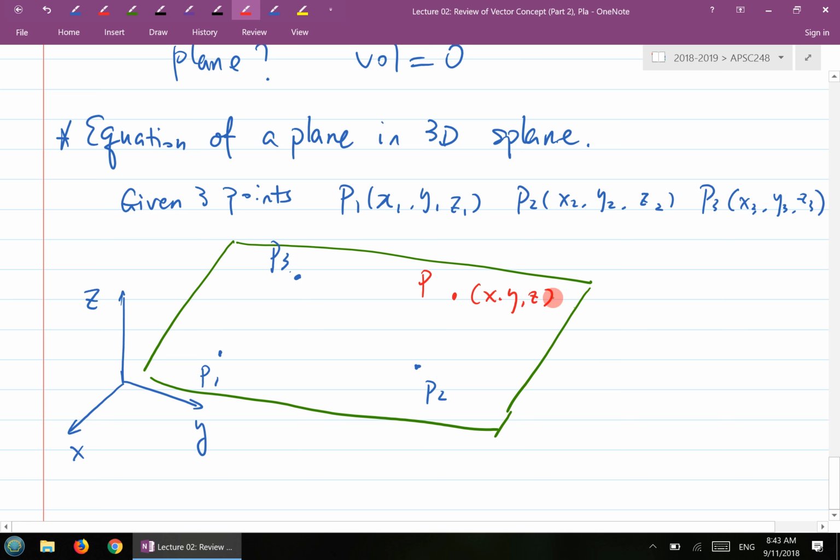Okay. So now I'll make use of the vector concept that we just learned to derive this plane equation. I will form a few vectors using the available points.